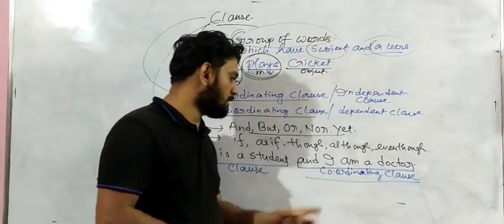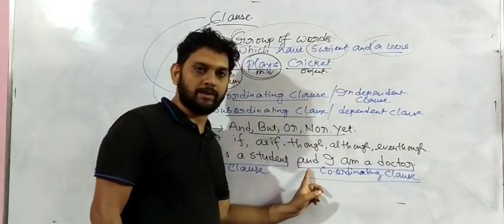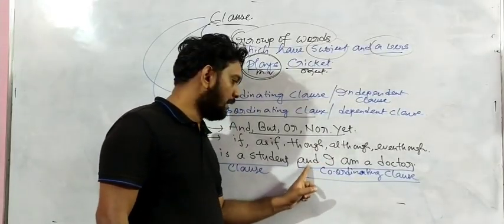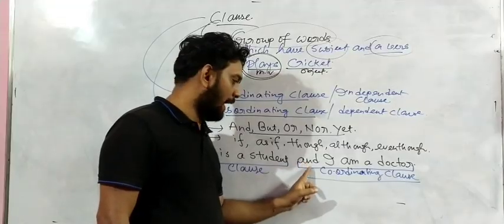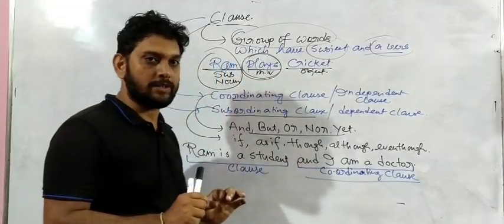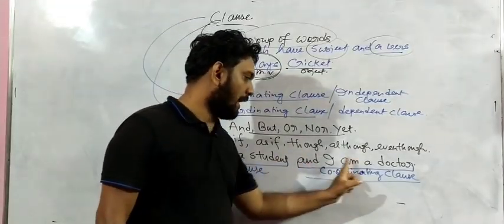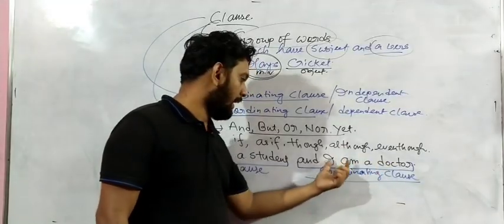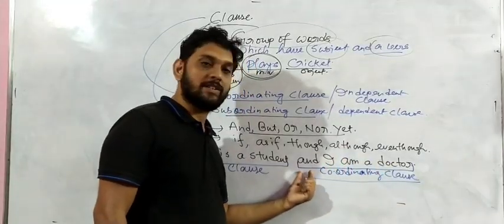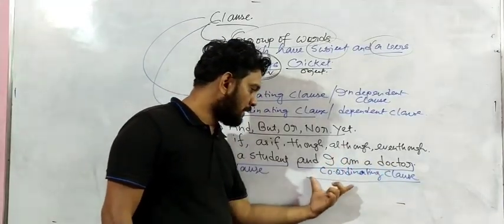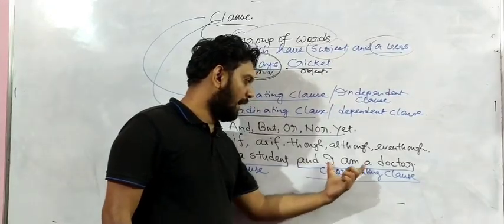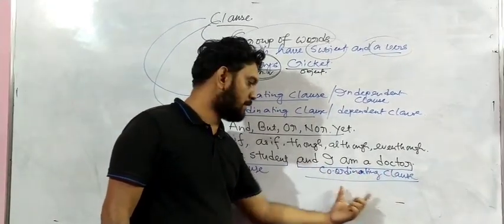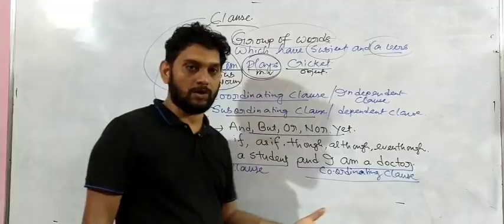Because it starts with coordinating conjunction and. Have you seen here and is written, and is a coordinating conjunction, and this clause I am a doctor has started with conjunction and. So because of this reason I can say and I am a doctor is known as coordinating clause.